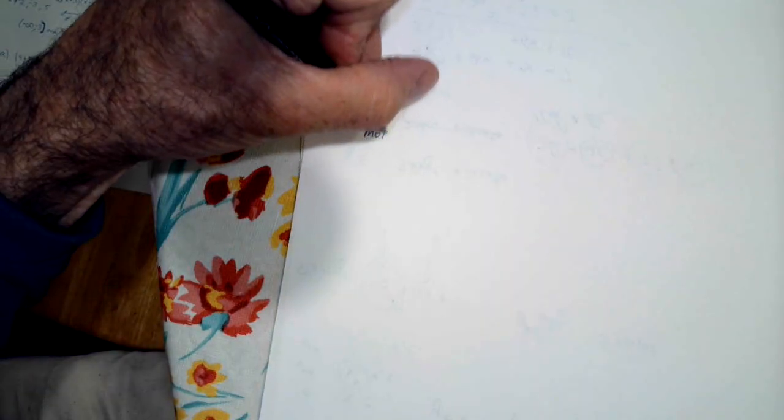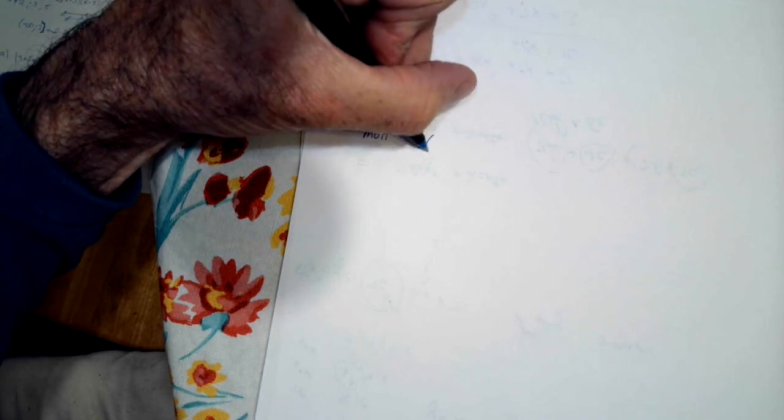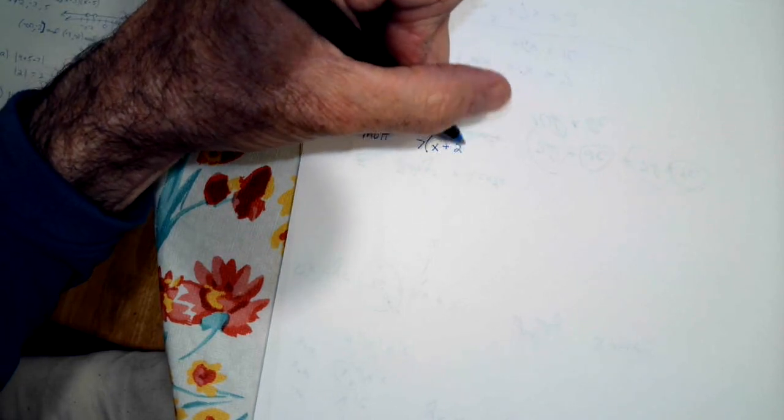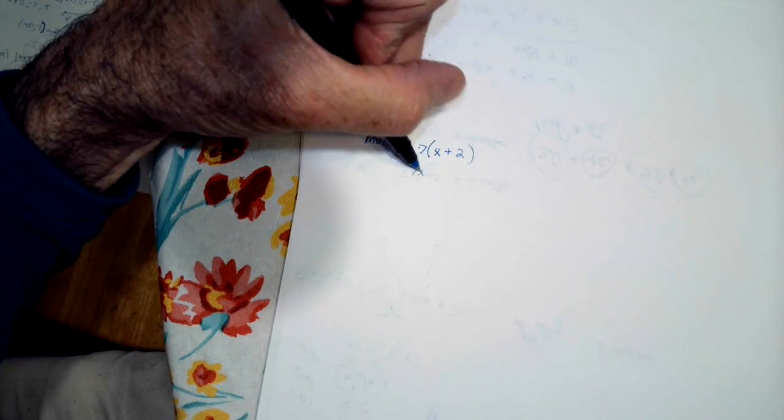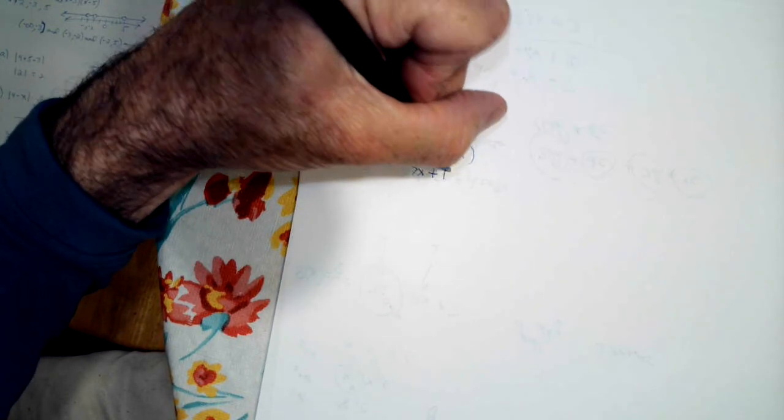multiplying polynomials. Okay, this is remembering this concept. If I have 7 times x plus 2, I'm using the distributive property. I'm saying 7 times x plus 7 times this, 14. That's the distributive property.